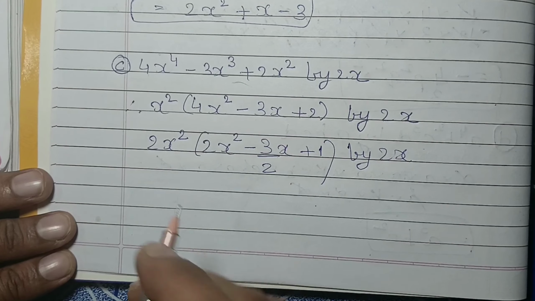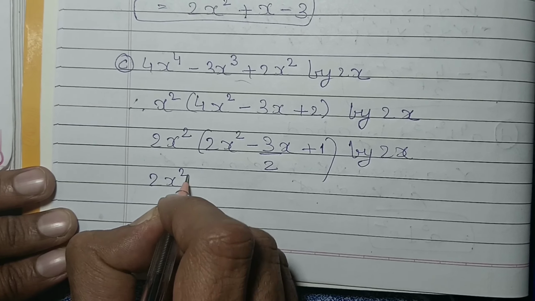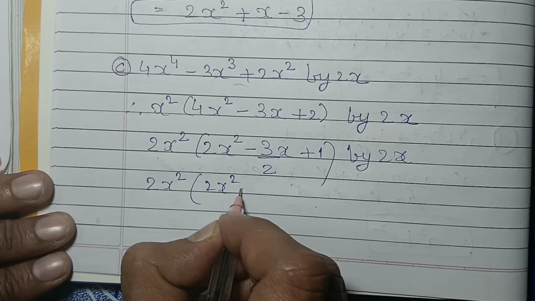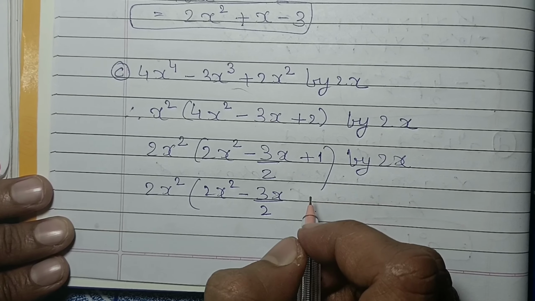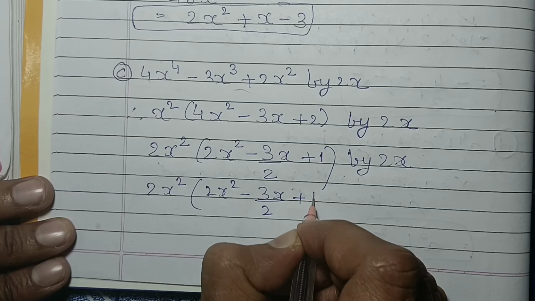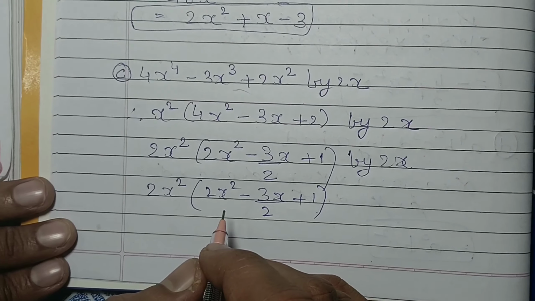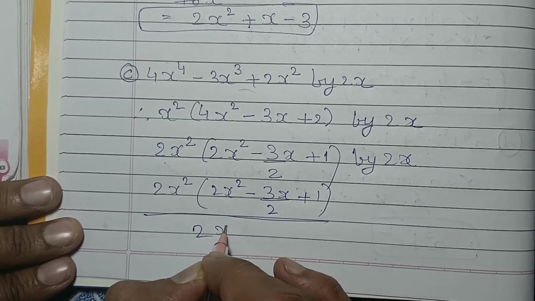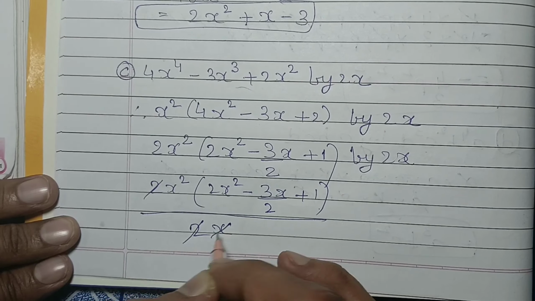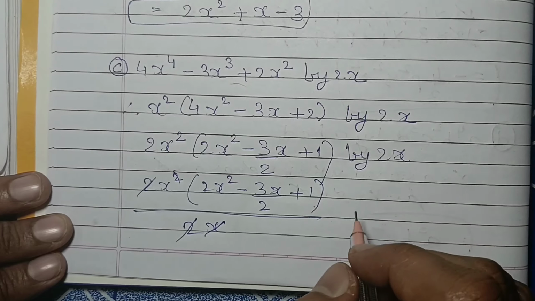So if I put 2x square minus 3x divided by 2 plus 1, and if I divide this term by 2x, then 2 will be cut and x will be cut for one time.